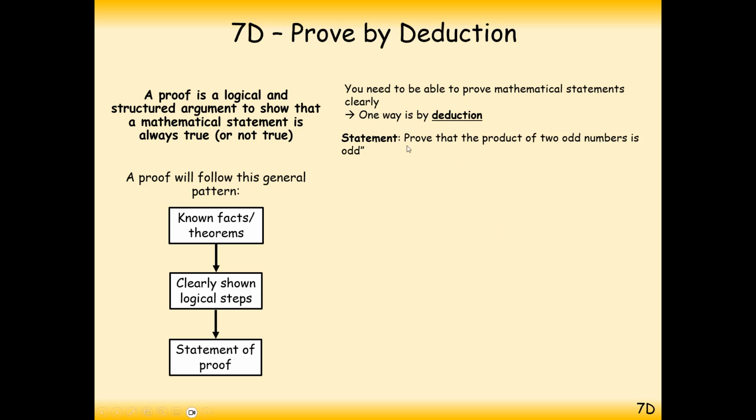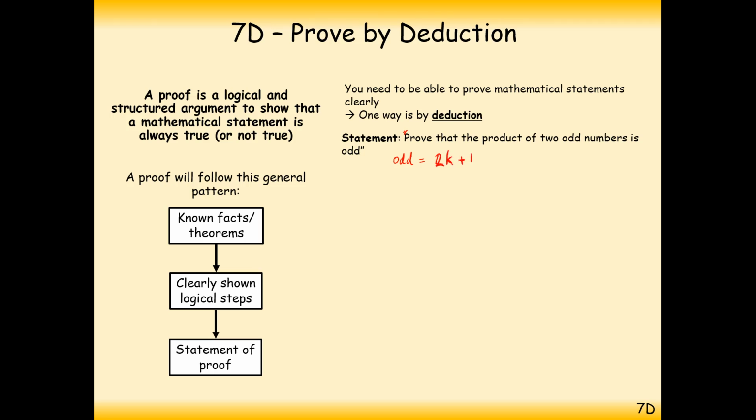The question statement is saying prove that the product of two odd numbers is odd. The representation of odd numbers is in general 2k plus 1.